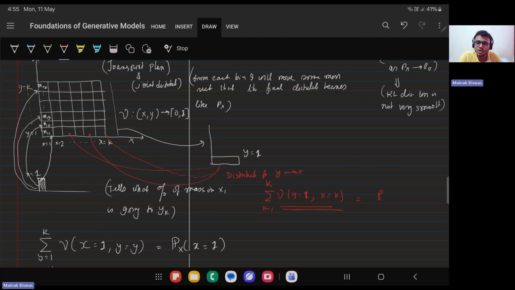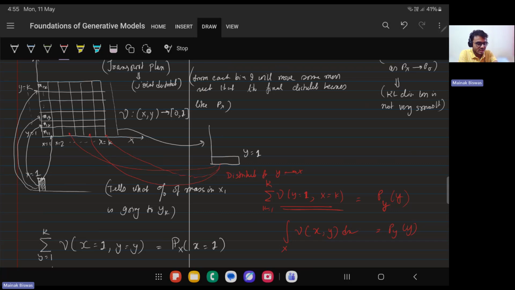Now if I sum over all the x's bins, I should get whatever mass was there in y's bin. Therefore, this is going to be equal to p theta of y. This is constraint 2. Or in other words, the integral of mu of x comma y dx over x should be equal to p of y. So these are the two constraints that we have.